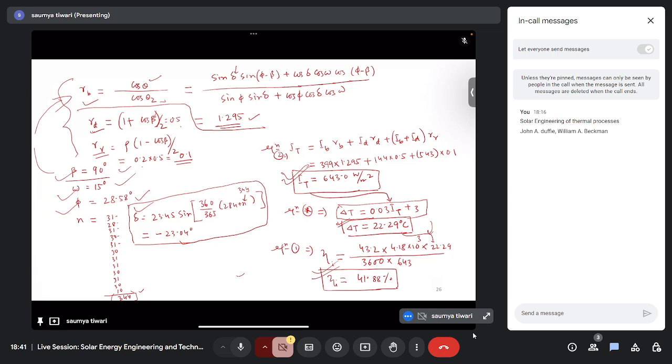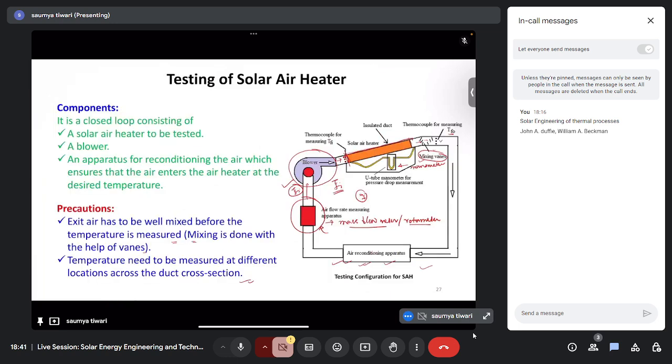Now, testing of a solar air heater. As we have already seen the testing of a liquid flat plate collector, similarly we have a testing of solar air heater also. So this is your solar air heater. With some help of blower and mass flow controller and some air conditioning apparatus, we can do the testing of the solar air heater.